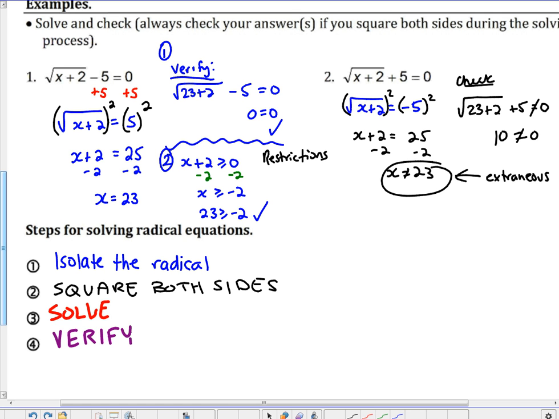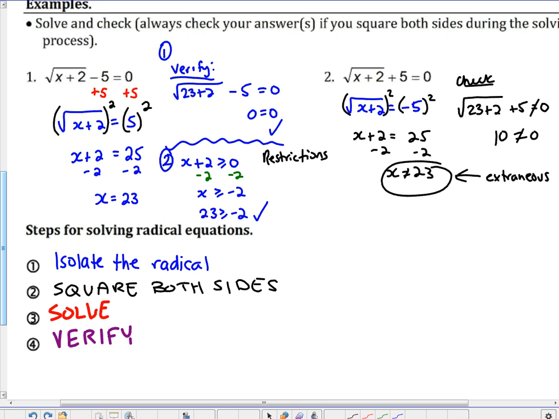For example, if my equation was the square root of 10 minus x, x could be negative 6, because 10 minus negative 6 gives you 10 plus 6, or 16, and we could square root that. So it depends on the equation.